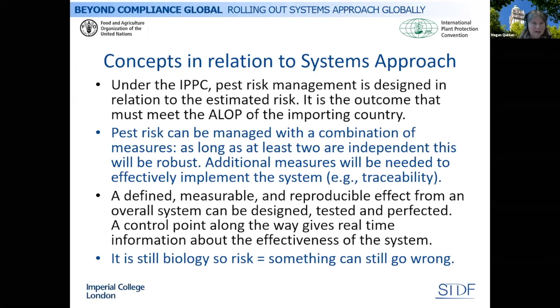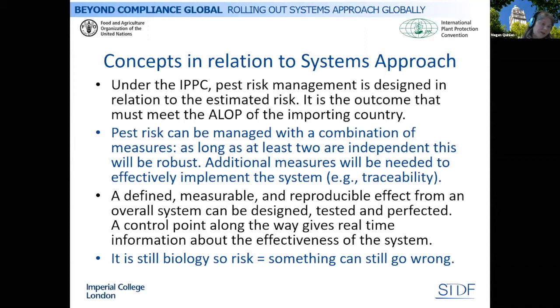But if you're relying on something like field sanitation, trapping and monitoring, measures that are taking place during production, you actually need to go all the way back to where this product came from. Which farm did it come from? And so there might be additional measures required that do not reduce the risk, but help you implement the system.